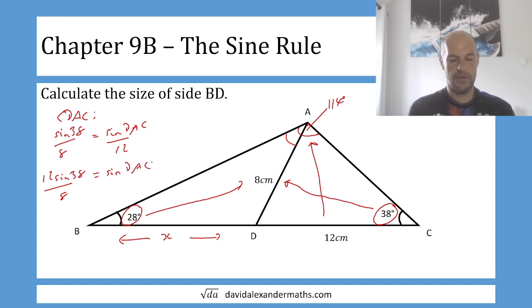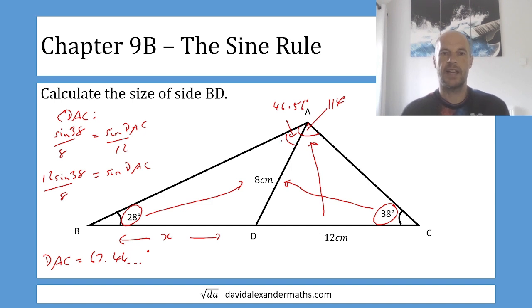So 12 sine 38 divided by 8 is 0.9234. So if I shift sine that, then I know that DAC is 67.44 degrees. So if I subtract that from 114, then this angle here is 46.56. I don't know how accurate we really need to be, probably not that accurate.